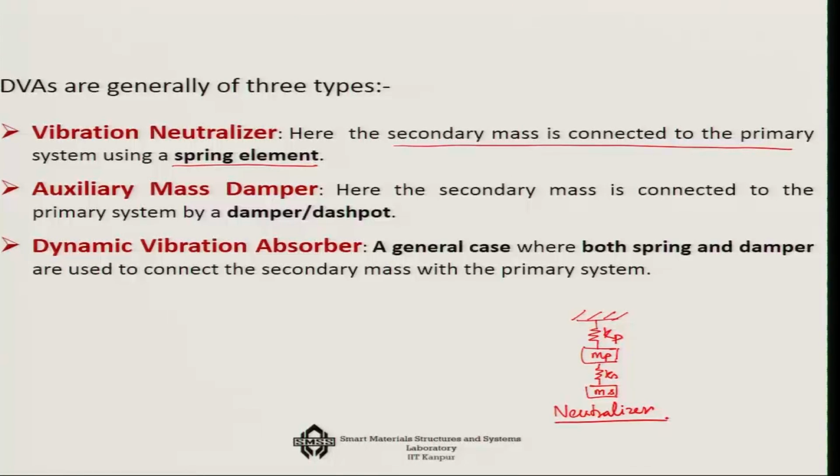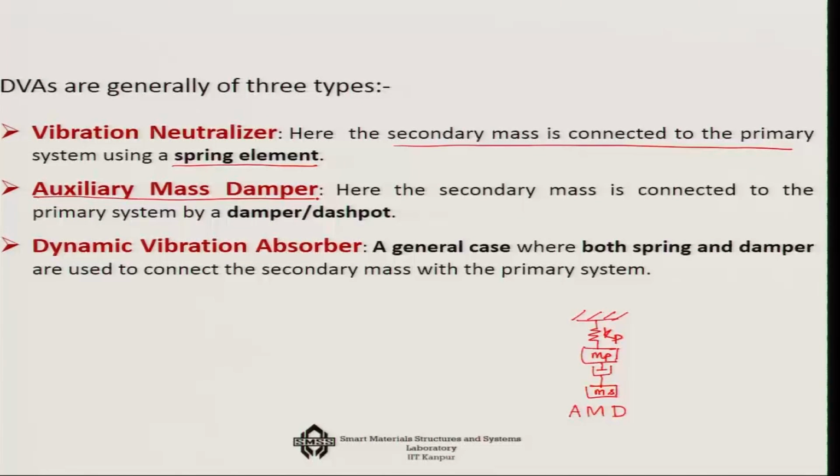In the second case, the auxiliary mass damper, we are not giving this spring. So, we will delete this spring and we are going to use a damper here instead of a spring. So, this will then become AMD, or auxiliary mass damper, if I replace the spring by a damper.